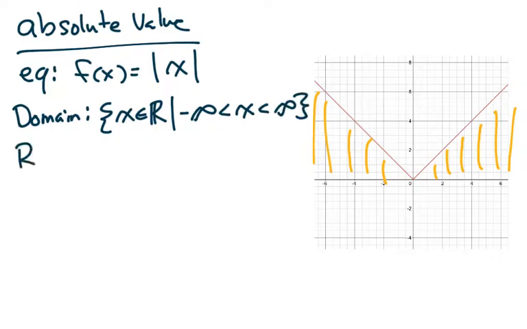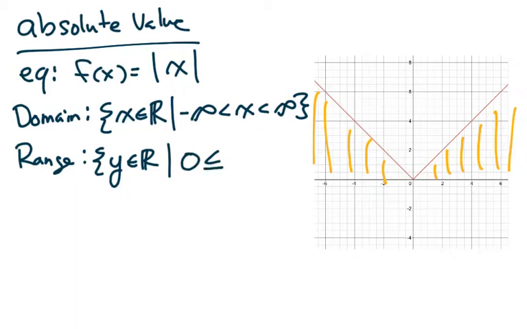The range is a little bit different. Okay, we talked about the range. You can't get any negative outputs, right? It takes a linear function and flips it up to be positive. So the range here is going to only be positive numbers. So x is between, or y is between, sorry.